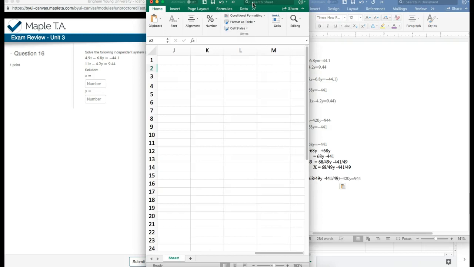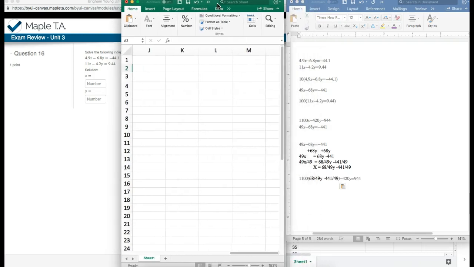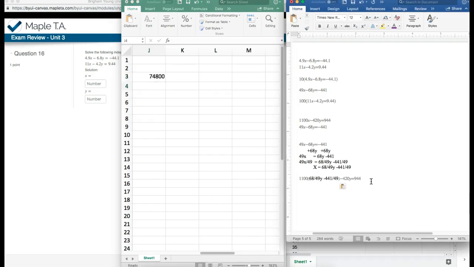So I'm going to pull up Excel because we're going to need to do this over here. We need equals 1100 times 68, and we get 74,800, and don't forget we're still over 49, and we have the y.